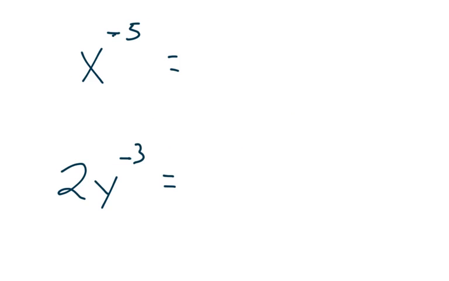Negative exponents are a bit different. They're just a manner of writing things. The trick we learned to deal with them is that when you see a negative exponent, not a negative coefficient, but a negative exponent, you put whatever the base is in the denominator and make the exponent positive.